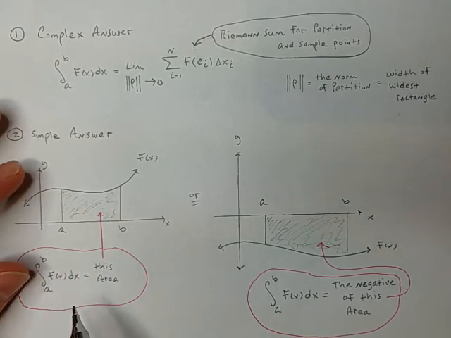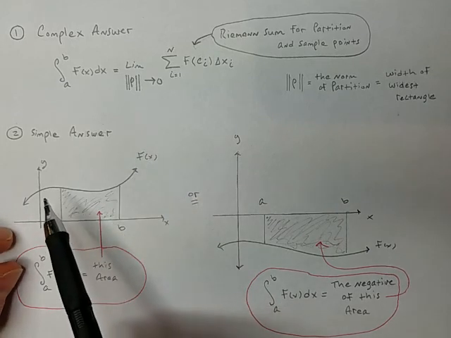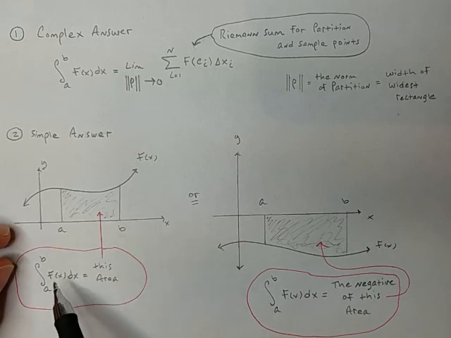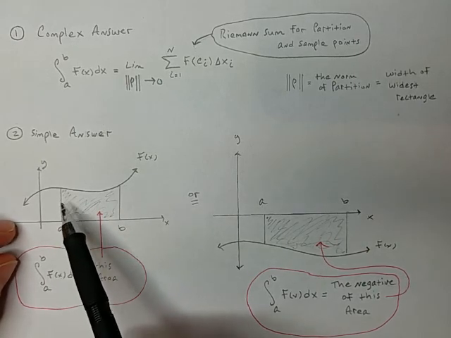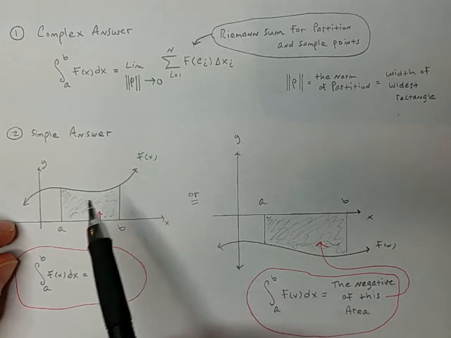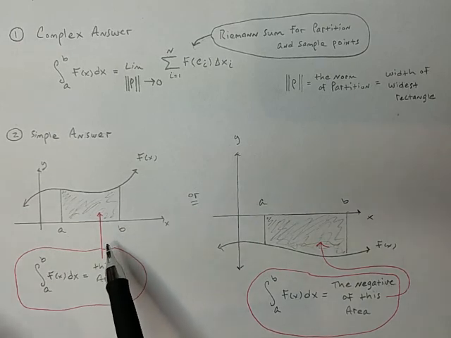What the definite integral is would depend on the nature of this function. Say that function was above the x-axis from a to b, a and b the limits of integration. The definite integral is the same thing as this area right here, the area contained by the curve and the x-axis from a to b. All right.